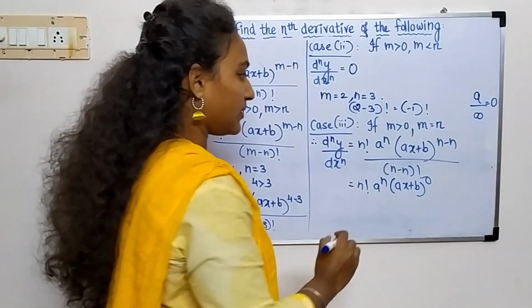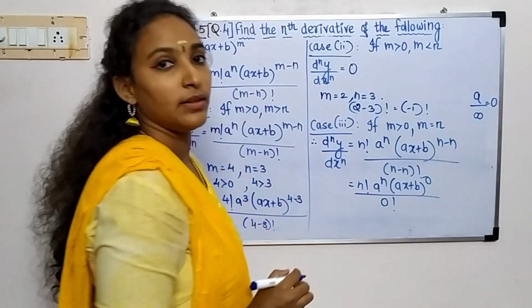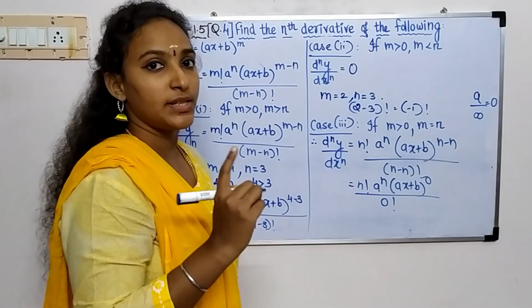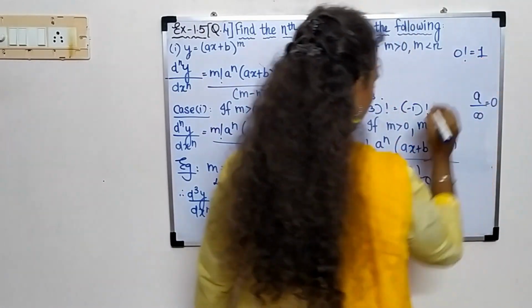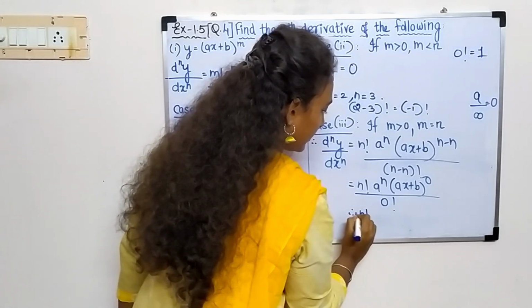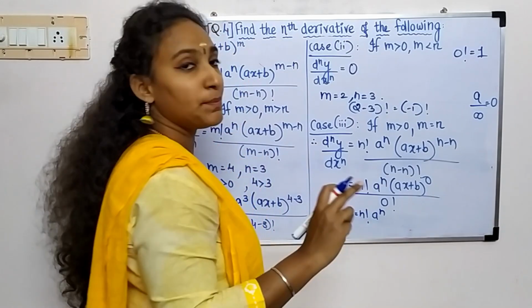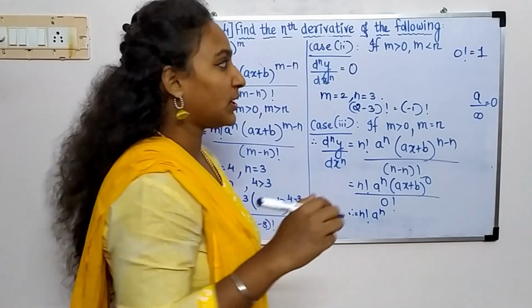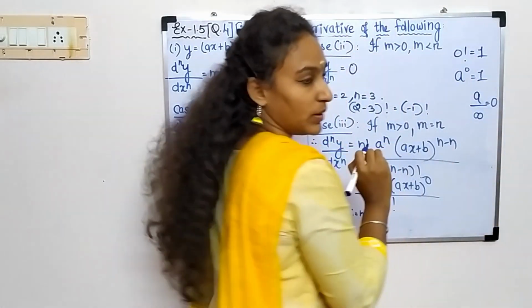N minus n is 0, and in the denominator we have 0 factorial. We know that 0 factorial is always equal to 1. Therefore, the answer is n factorial a raised to n, and (ax plus b) raised to 0 will be 1, because any number raised to 0 will be 1.